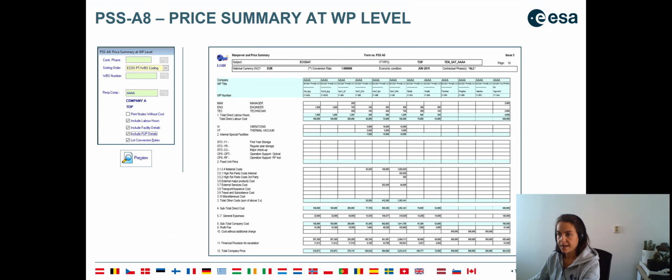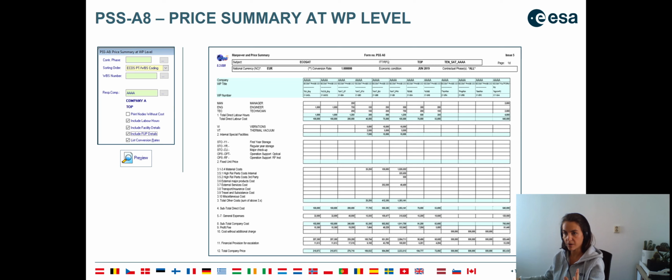Then PSSA 8 is the price summary, but this time at work package level. So the only difference here with the PSSA 2 is that it's like if it was a PSSA 2 in columns, and the columns would be the work packages.